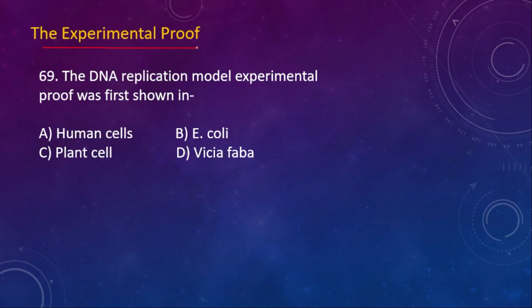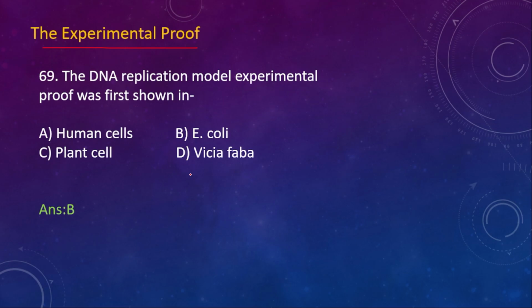Next, the experimental proof. 69. The DNA replication model experiment proof was first shown in A. human cell, B. E. coli, C. plant cell, D. Vicia faba. Here the right option is option B, in E. coli.